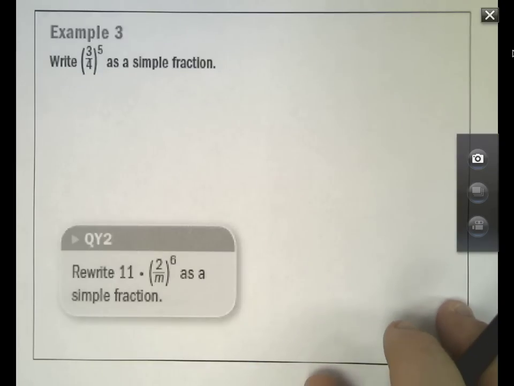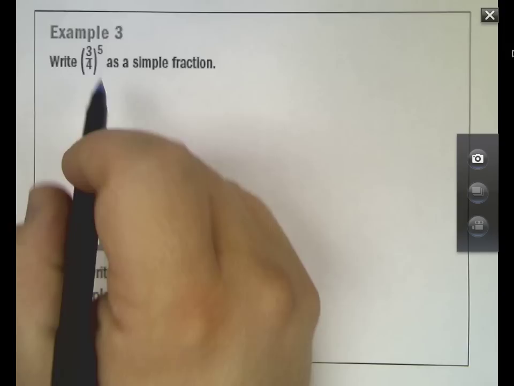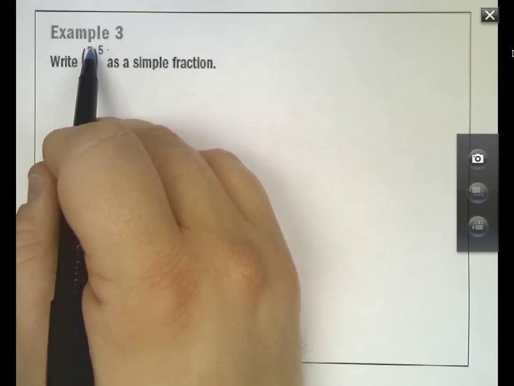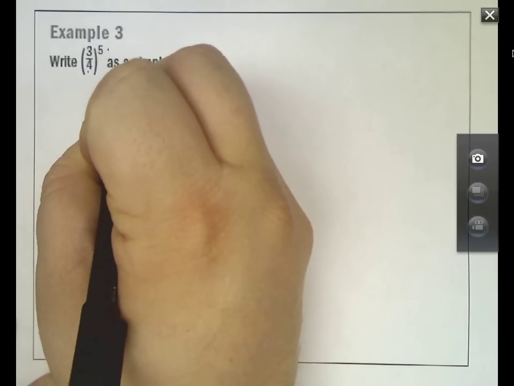Example 3 says, write 3/4 to the 5th power as a simple fraction. Okay? That 5 has to go on the 3. It also has to go on the 4.